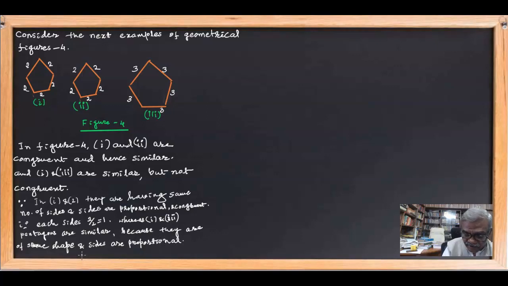The proportionality of each is 2 by 3 in each side, in case of each side.